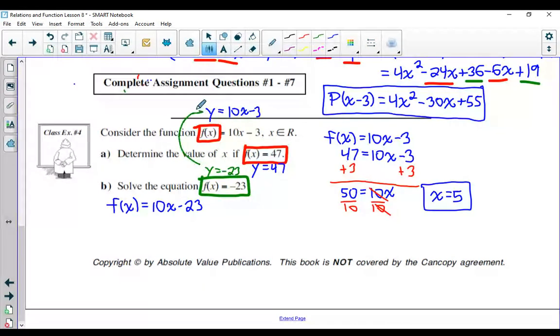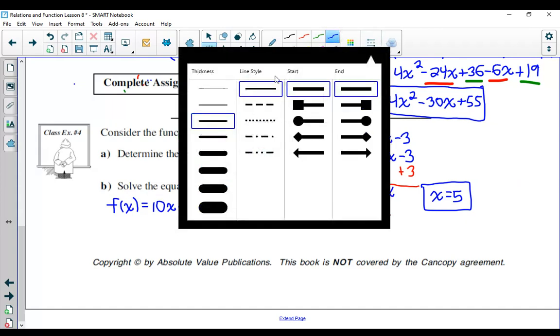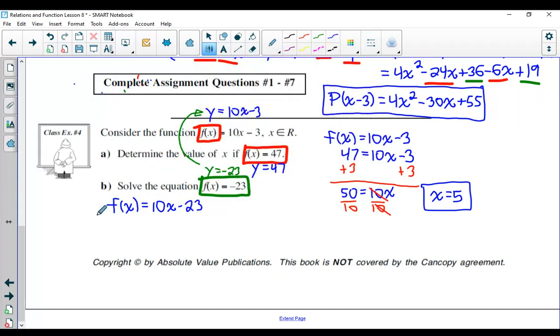So in this equation up here, I'm just going to replace y with negative 23 because y is f of x. So then this would look like negative 23 is equal to 10x, oops, I wrote that down wrong. Sorry. The equation is f of x is 10x minus 3.